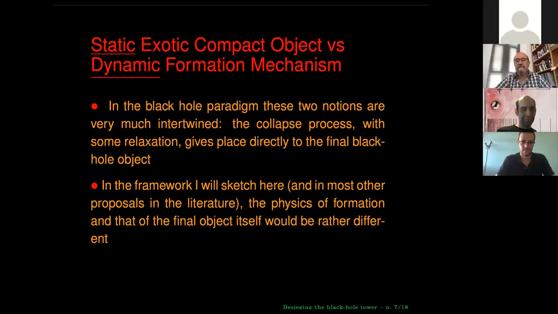Typically these formation mechanisms would involve quite energetic transients, in which the physics that you have to control might differ. Also, the phenomenology associated with the transients could be very different from the phenomenology associated with how the object itself behaves once it has been formed.